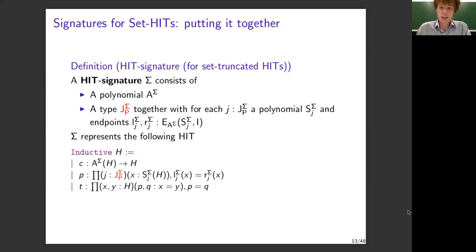And for each j in JP, there must be a polynomial which represents the arguments of this path constructor. And two endpoints, Lj, Rj, which represent the left and right hand sides of the path constructor. So this is what we will construct, these higher inductive types, in this part of the talk.